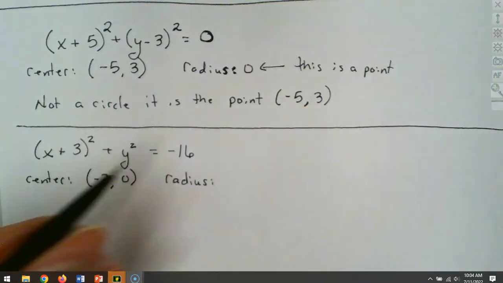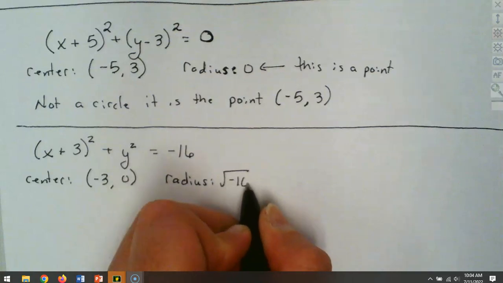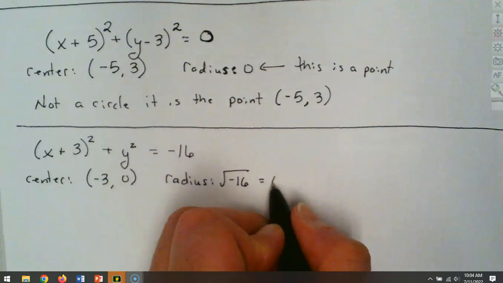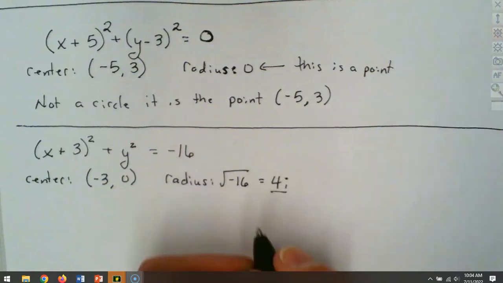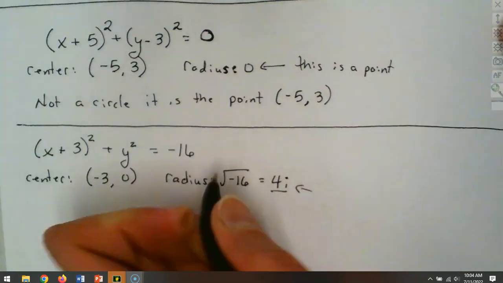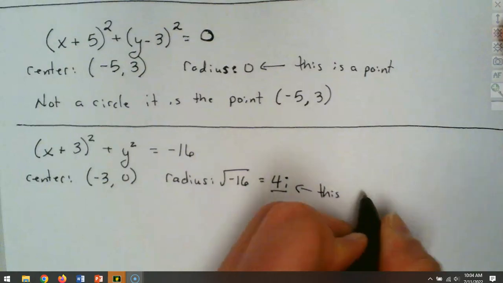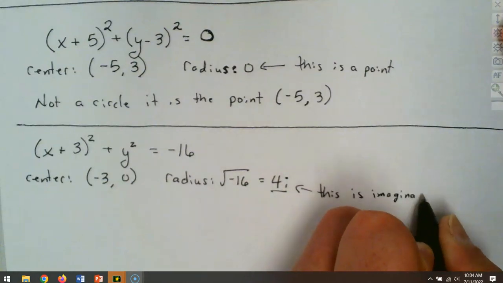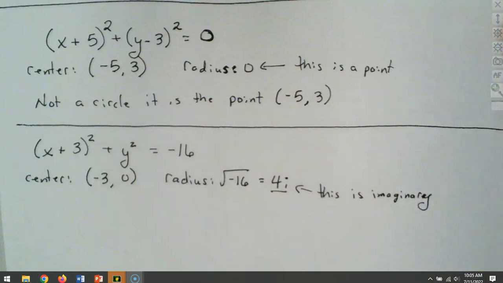When we try to take the square root of a -16, remember what happens when you take the square root of a negative number? It comes out as imaginary, doesn't it? And can a circle have an imaginary radius? No. So this is imaginary. That means that this is not a circle.